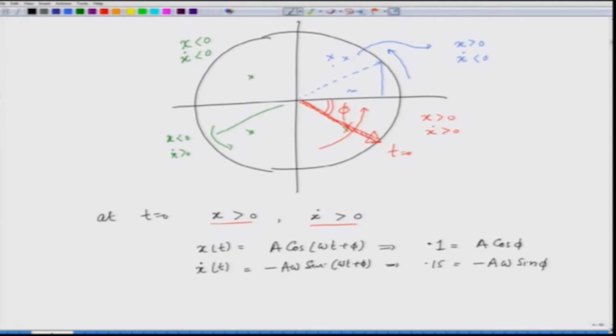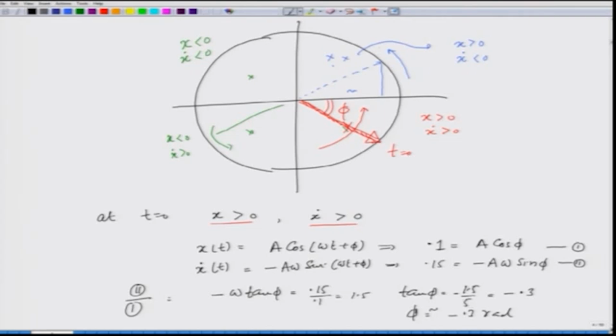You can immediately see that this is my equation 1, equation 2. If I divide equation 2 by equation 1, I get minus omega tangent of phi equals 0.15 over 0.1, which is 1.5, and therefore, tangent phi is equal to 1.5 over 5 with a minus sign, which is minus 0.3, so phi is going to be approximately minus 0.3 radians. So, you can see this phi out here is coming out to be 0.3 radians on the negative side, and then on the phasor diagram, this is how I represent the motion.